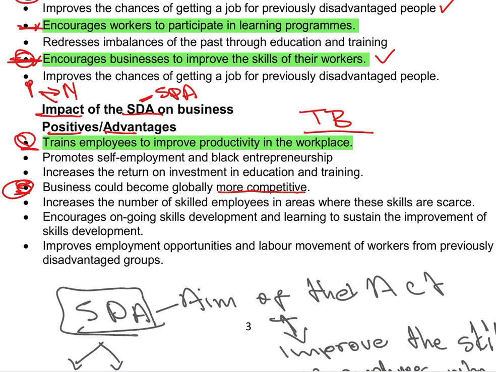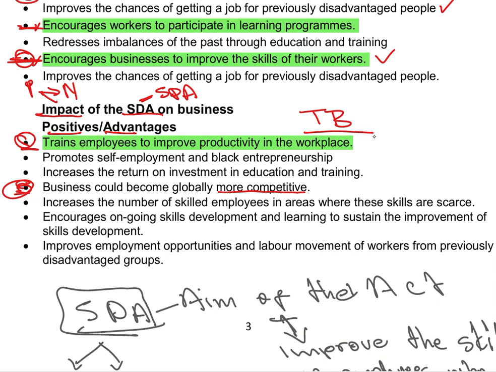When you come back from training, you'll be better than yesterday, and you'll be a threat to your competitors. The business will start to produce good results and attract more customers because now they are more productive. So you become more competitive.